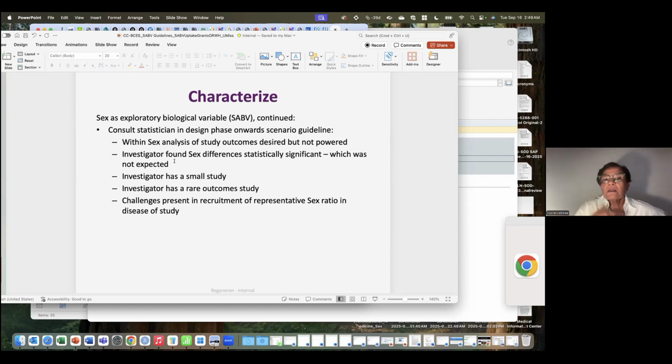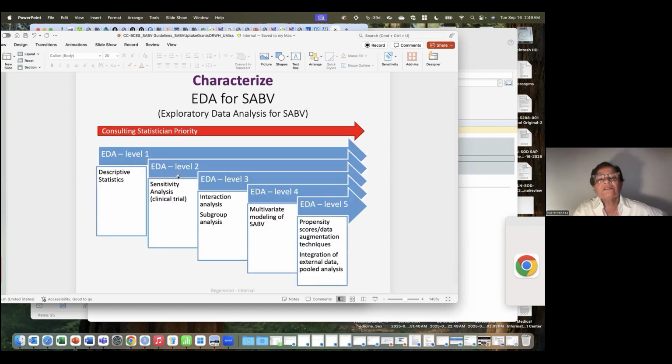Okay, but before you write it in a paper, we need to review this. If you had a small study, if you had a rare outcome study, there may be a lot of challenges present in your recruitment strategy for having a sex ratio that is relevant in your disease area. In all of those cases, you must consult a statistician.